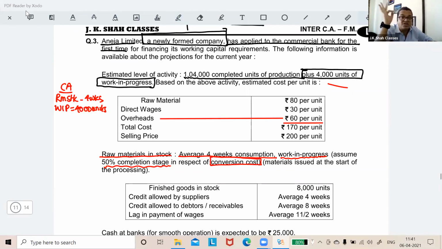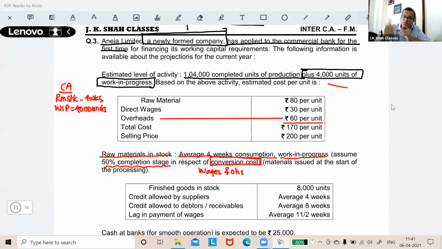So please understand, dear students, who are those elements who convert my raw material into finished goods? Is it wages and overheads? Yes or no? Do you agree? So it is wages and overheads who convert my raw material into finished goods.